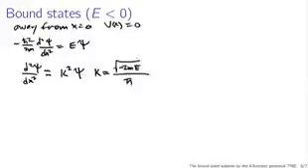To make the signs clear here, energy is negative, so what we're actually looking at here is the square root of a positive number. We've got a negative from the minus sign and a negative from the energy, with positive mass, so our k constant here is going to be real.